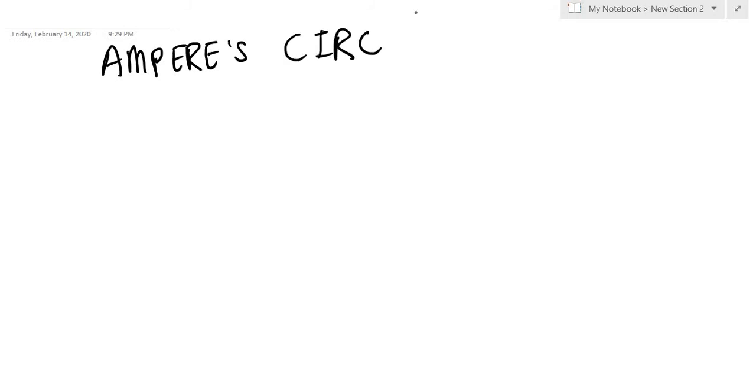Now we have something called Ampere's Circuital law, and this is actually the equivalent of Gauss's law in electrostatics, if you remember.